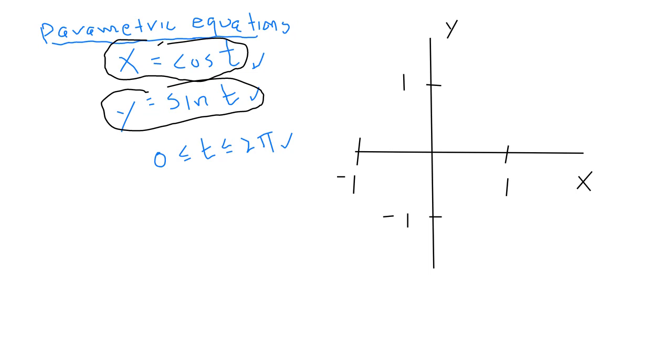A circle-ish. That's right, Samuel. You can put your calculator in parametric mode. I assume Desmos has parametric mode as well. You would start here because when t equals 0, cosine of 0 is 1, and the sine of 0 is 0.